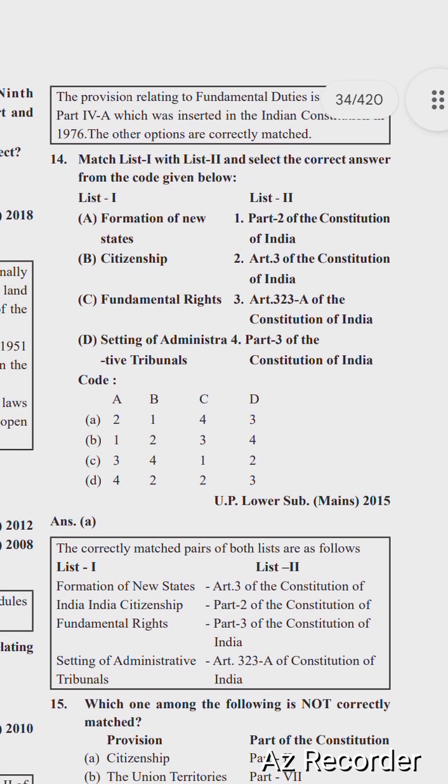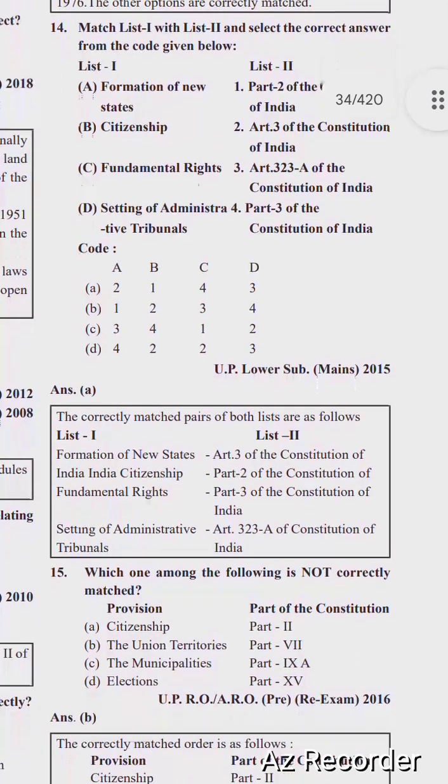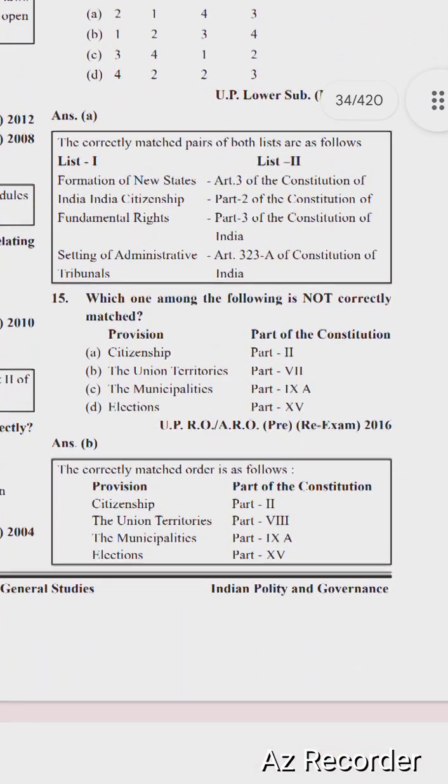Right option is option number A. Formation of new state is related to Article 3. Indian citizenship is related to Part 2. Fundamental rights are related to Part 3. Setting up of Administrative Tribunal is related to Article 323A of the Constitution of India.